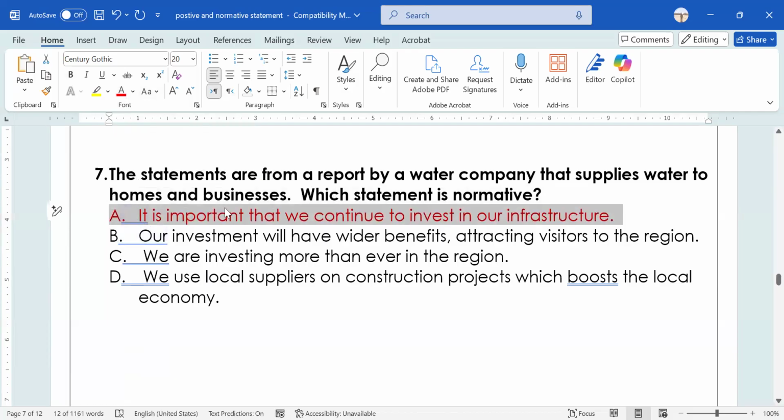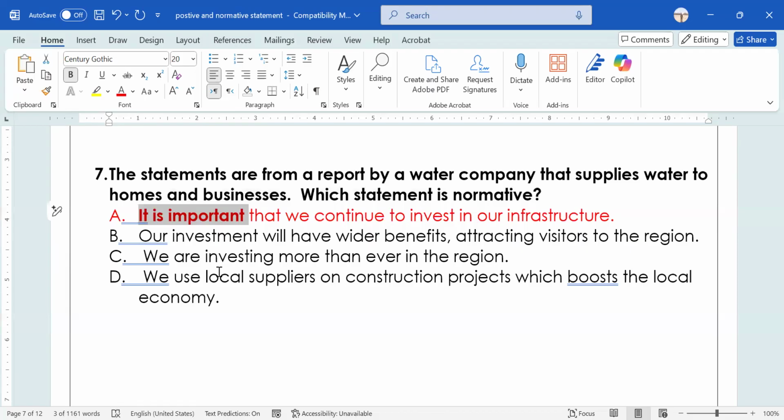Because of the phrase, it is important. It's so obvious that it expresses a value judgment. The term, it is important, reflects the company's opinion about what should happen. This is a clue.